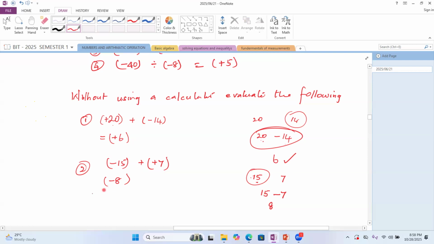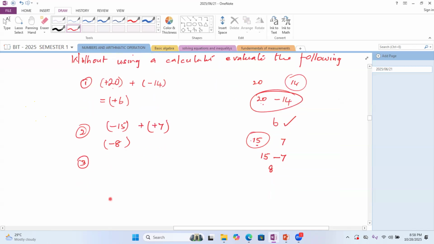Right? The third question is a negative number and the same positive number, same value but positive. So these are two opposite sign numbers.